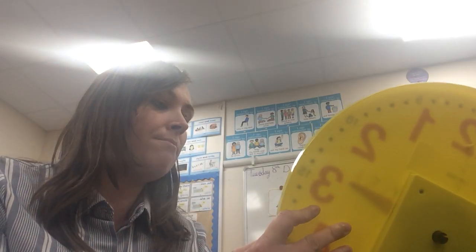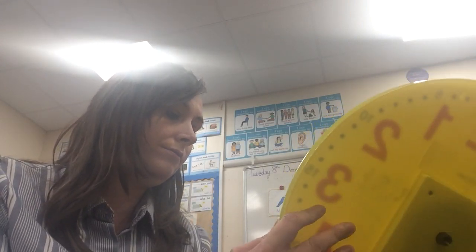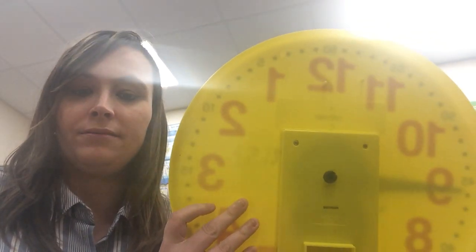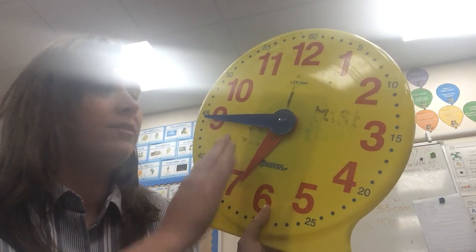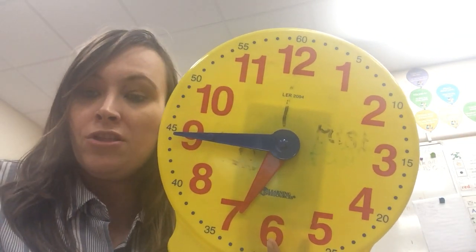Let's have a look at another one. I would like you now to make the time 6:45. Right, I'm going to make it on my clock and let's see if you match me. Are you ready? Let's see if we match each other. Here is 6:45. So if you've got the same time as me, give yourself another whoop whoop.